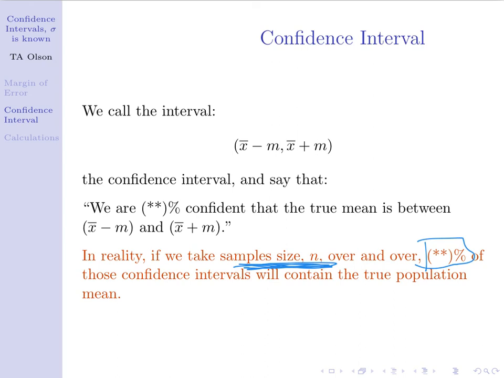But if we do this process over and over and over again, if we choose a 95% confidence interval, 95% of these intervals will contain the true population mean. But the thing is, we don't know which ones right off the bat. So next, we're going to look at some calculations, and we'll see what this means.